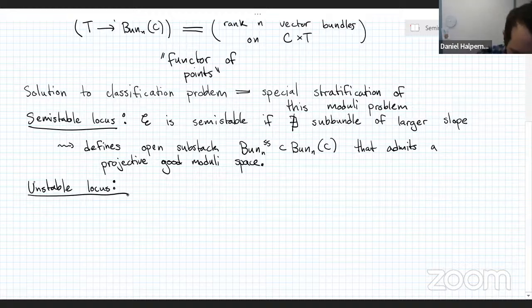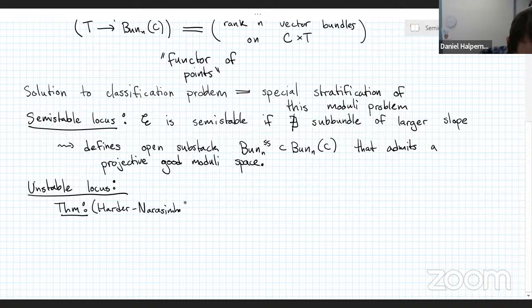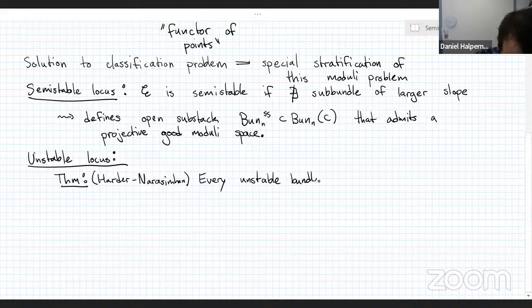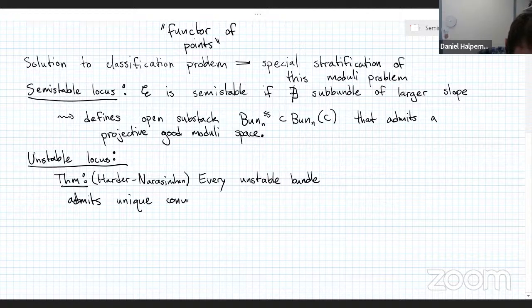So this is the Harder-Narasimhan theorem. It says that every unstable bundle admits a unique convex filtration.